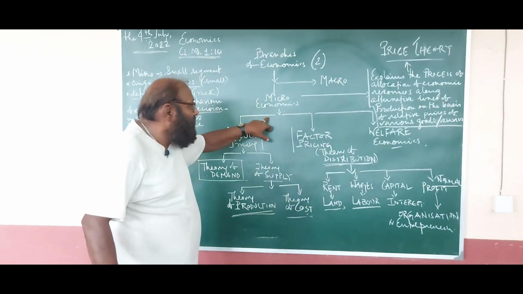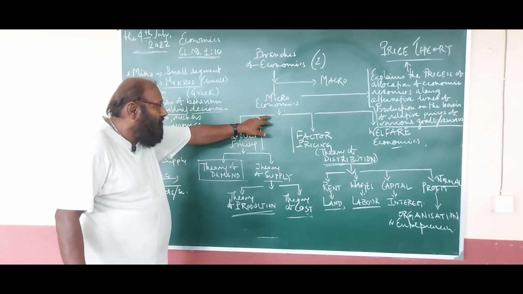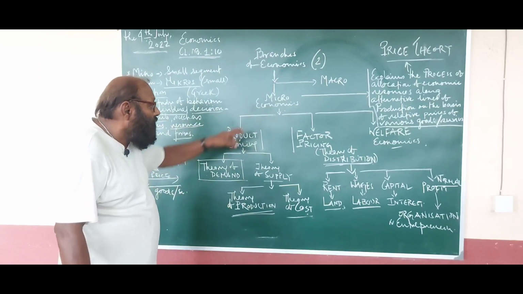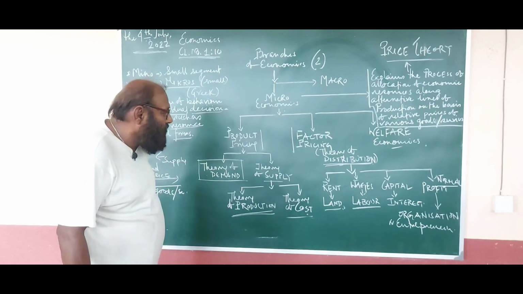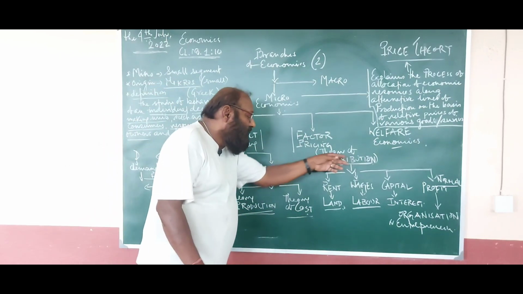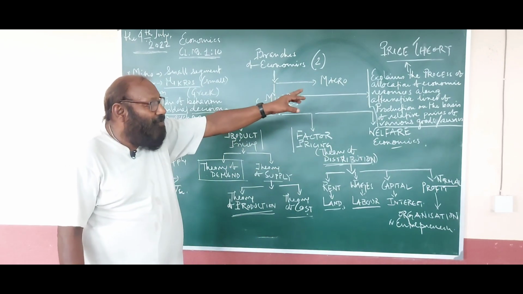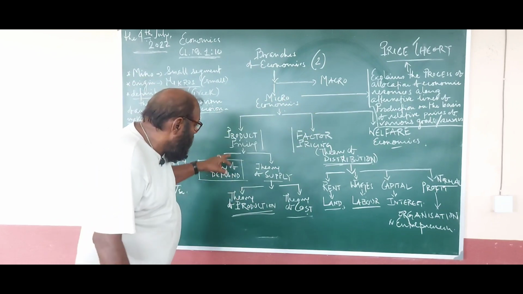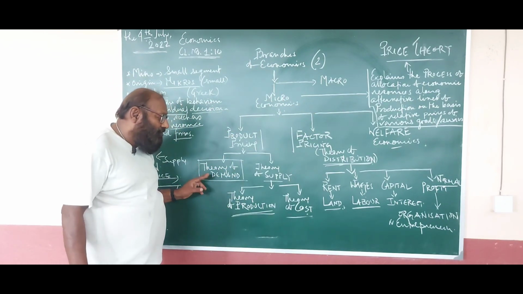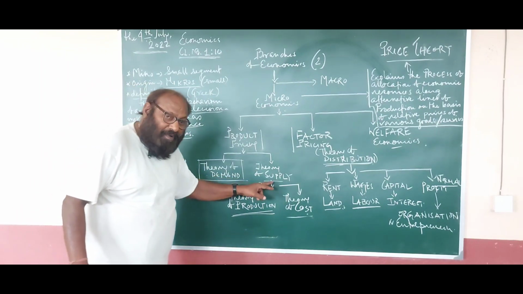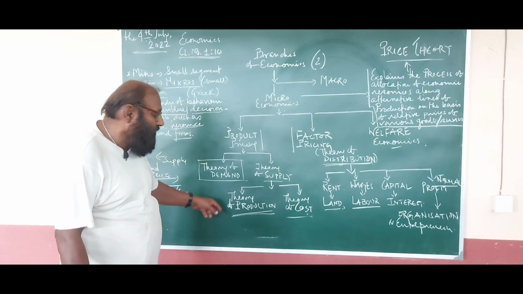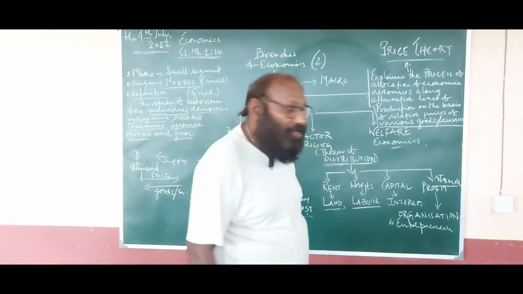But today's class is concentrated on microeconomics. This is the classification of microeconomics: product pricing and factor pricing, and since the question of pricing is there, it is known as price theory. The product pricing has got two broad classifications, theory of demand and theory of supply. Theory of supply is again divided into two parts, theory of production and theory of cost.